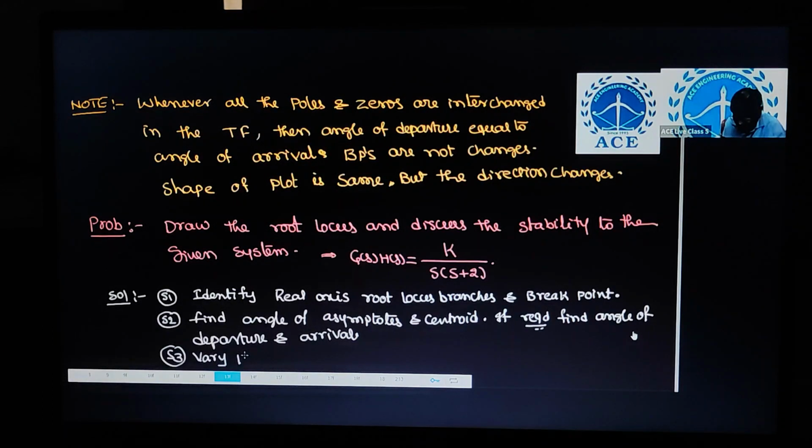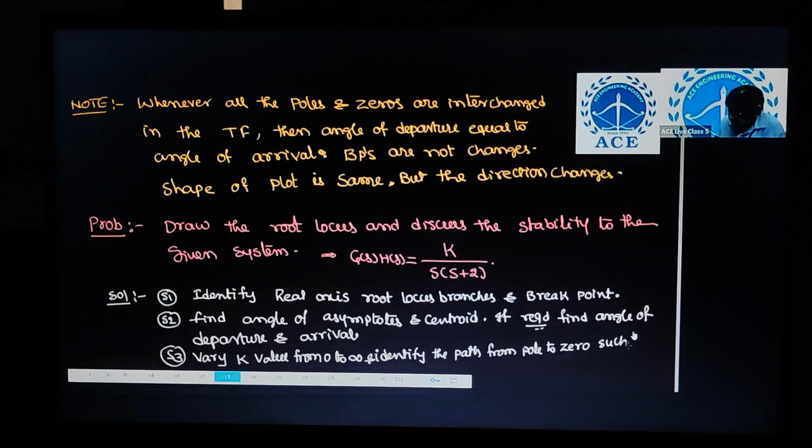Last step: vary the K value from 0 to infinity and identify the path from pole to zero.